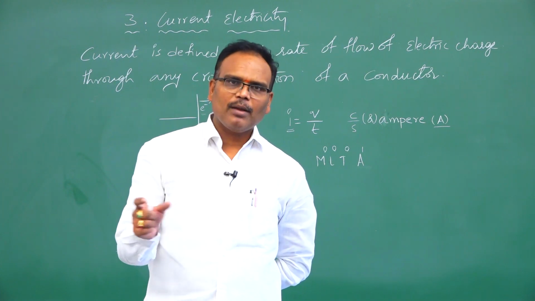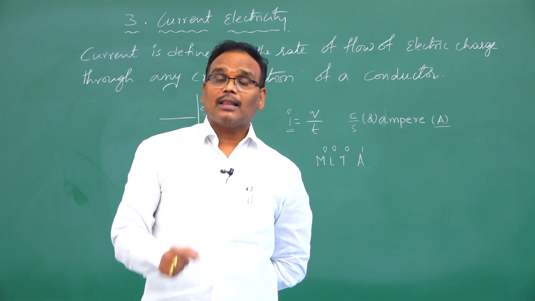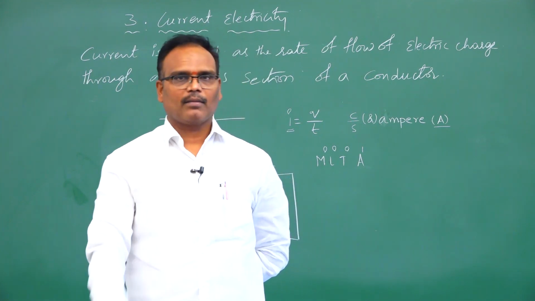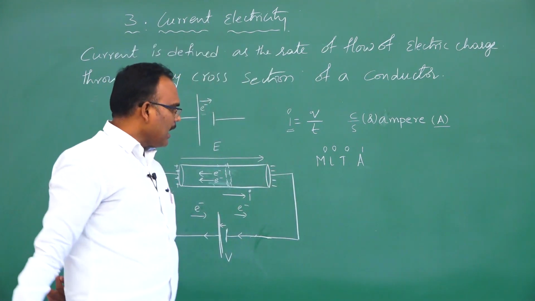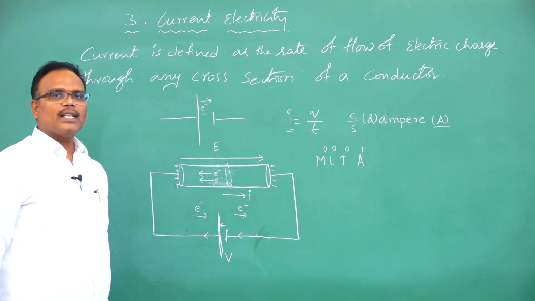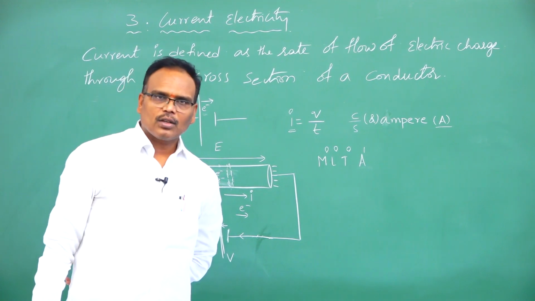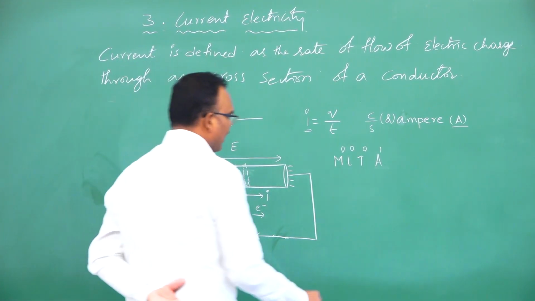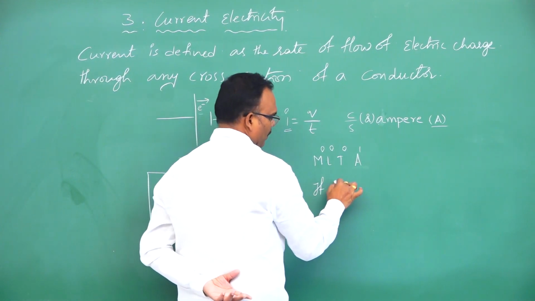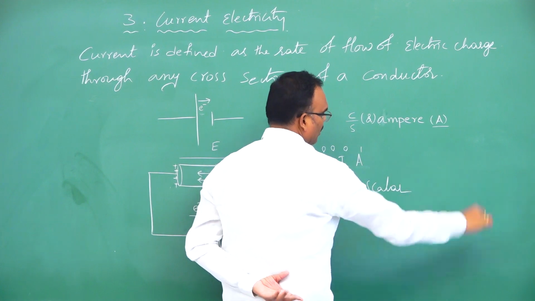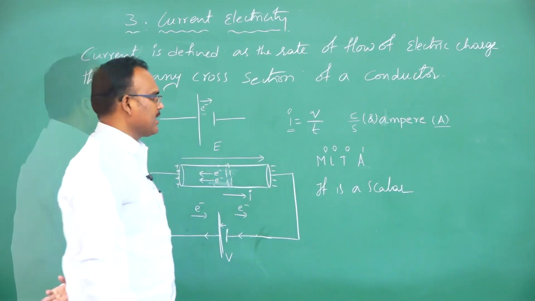Vector means not only magnitude and direction, but that physical quantity must obey vector laws of addition. But here current has magnitude and direction, but it does not obey vector laws of addition. So that's why current is a scalar physical quantity.